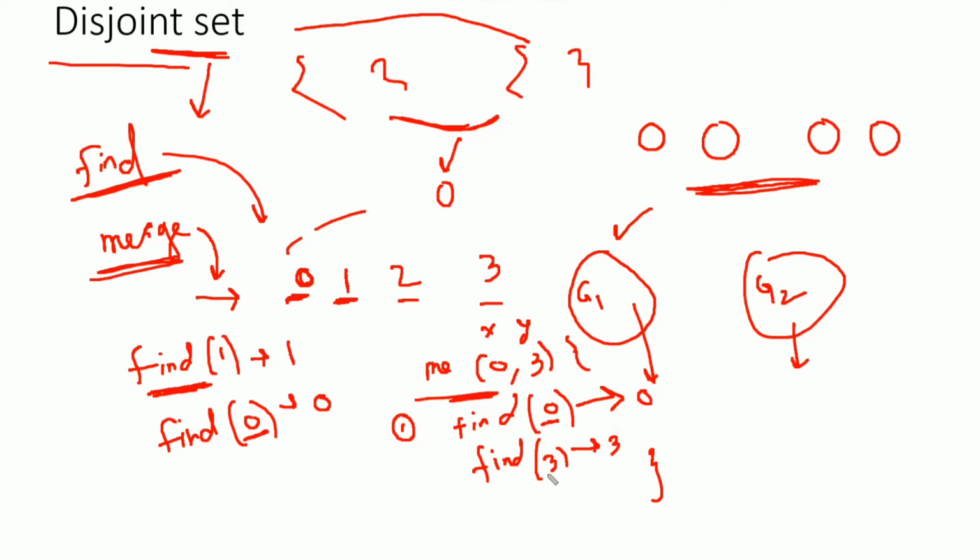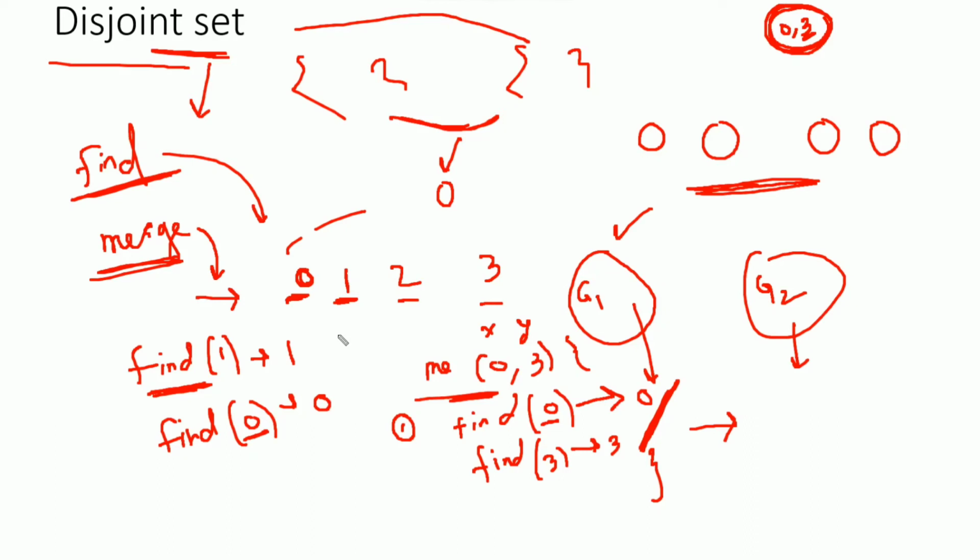So if the representatives are different, then I will perform the merge operation. It means that I have created 0, 3 as a single group.